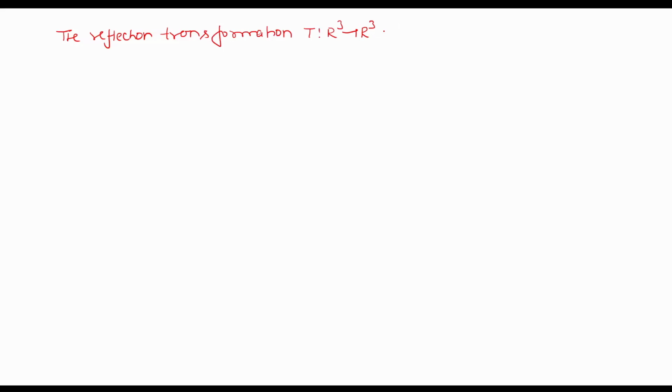So can you tell me what should be the image of the vector x, y, z in a plane about xy plane?